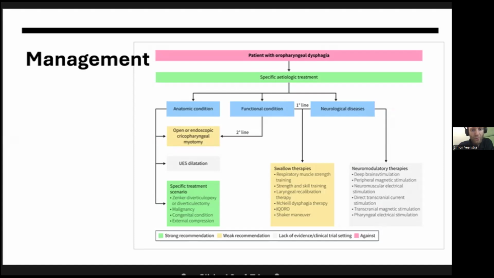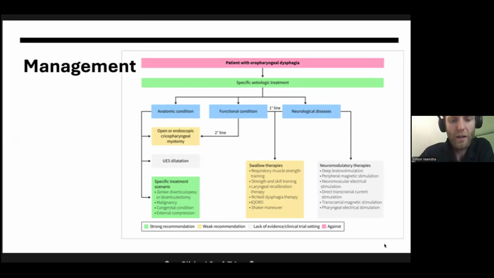And then with neurological conditions, obviously treating the underlying disease, and your rehab team really comes to the fore here in terms of strengthening respiratory muscles, swallowing techniques, and modulating food. For instance, your dietitian modulates the food to optimize nutrition and minimize aspiration risk.